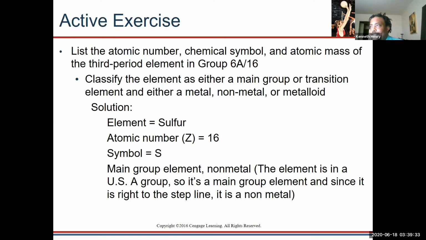Question again, Dr. Henry. Yes. Symbol S? No, 5. Oh, okay. I was like, why is the atomic number 16? But it's not right. It's 107.87.